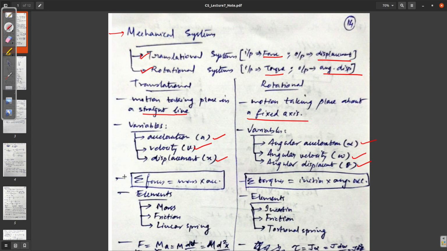The main equation that governs the translational system is that the sum of the forces will be equal to mass into acceleration, F equal to ma. Similarly, in rotational systems, the sum of the torques will be equal to the inertia of the mechanical mass times the angular acceleration.